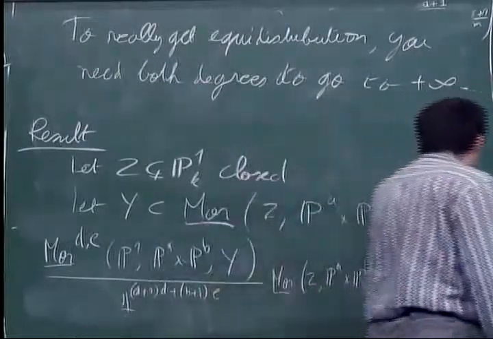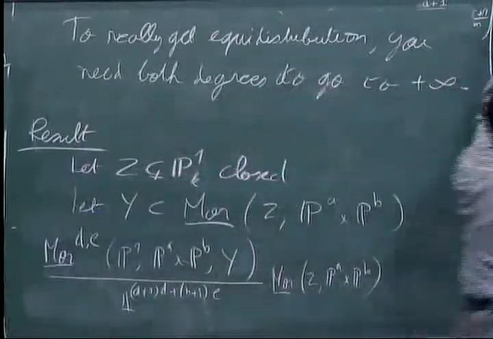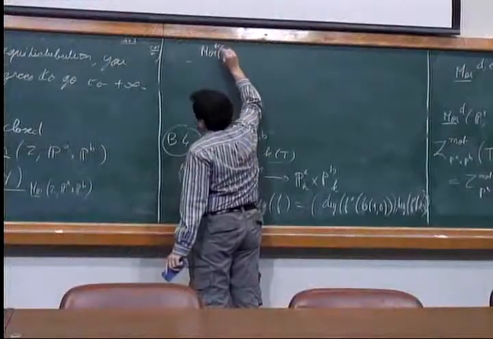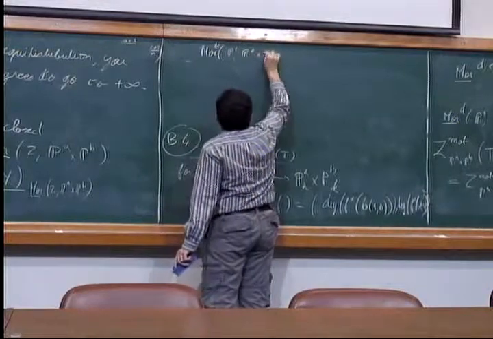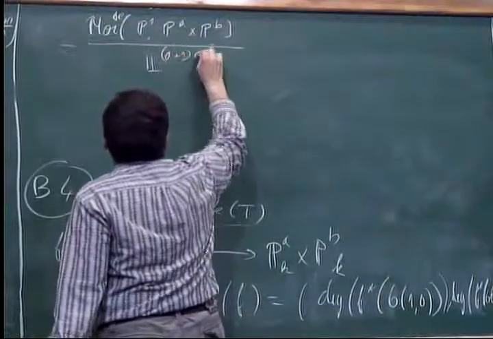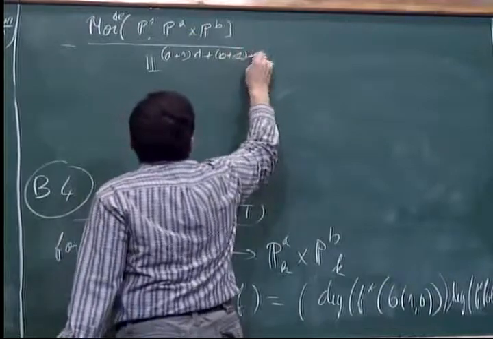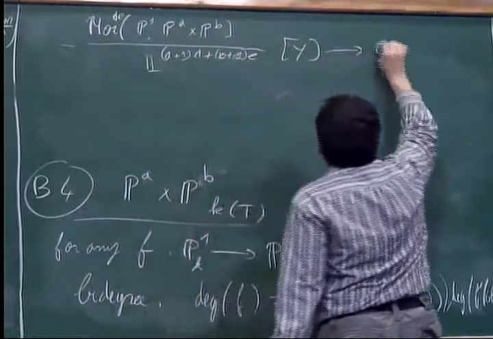Well, then this, I can write it as a difference, minus the morphisms in Y of degree D and E from P1 to PA times PB divided by L to the power (A plus 1) D plus (B plus 1) E, times Y, goes to 0.